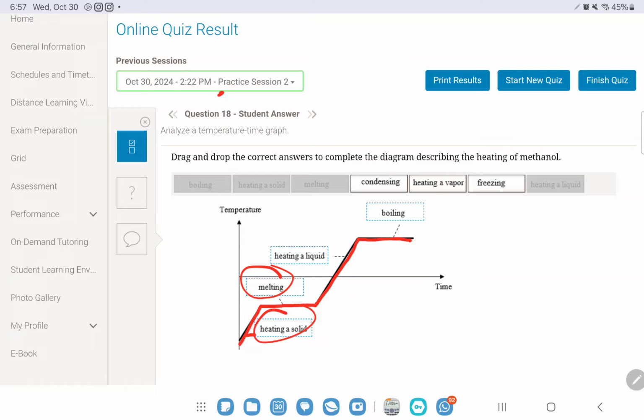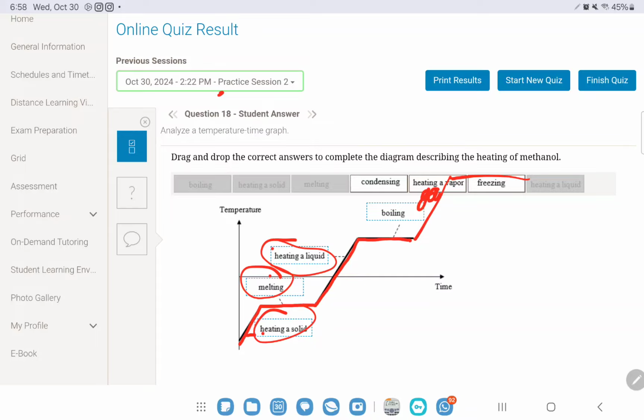Then this is your melting point. If you melt a solid, what's it going to turn into? A liquid. If you keep heating a liquid, what's going to happen to it? It's going to boil. Then later you have gas.